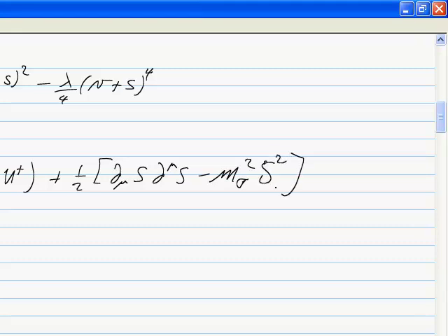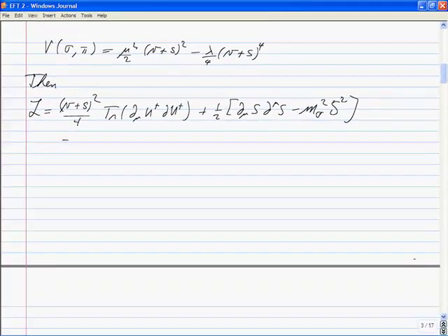I've factored out the mass term. Then there's minus lambda v s cubed minus lambda over 4 s to the fourth.